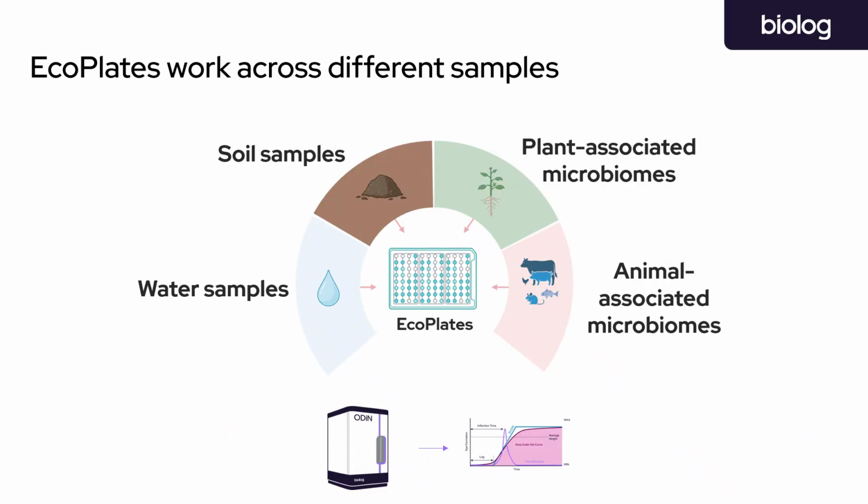And one strength of the EcoPlates is their flexibility. They work across different sample types, like soil samples, plant-associated microbiomes, aquatic samples, and animal-associated microbiomes. And our Odin platform allows researchers to compare microbial function diversity across very different conditions in a high throughput manner.